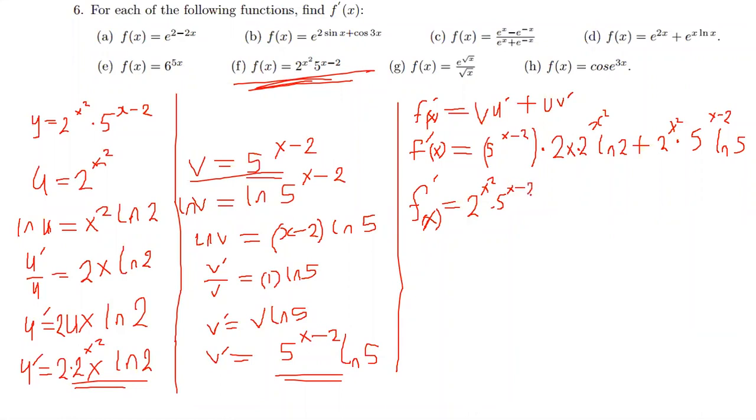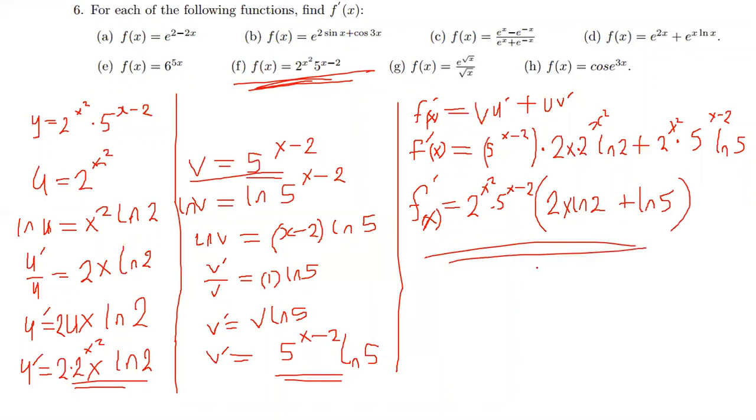They are common. And then you just open brackets and write the remaining things, which is 2x ln 2. Then this side, you're just going to remain with ln 5. So this then is your final answer for this question.